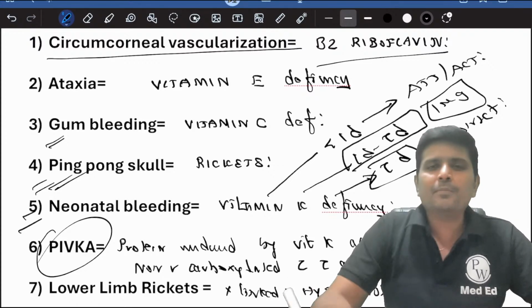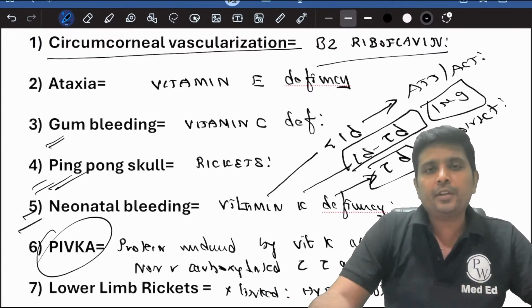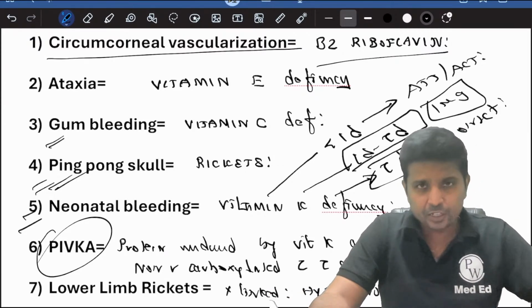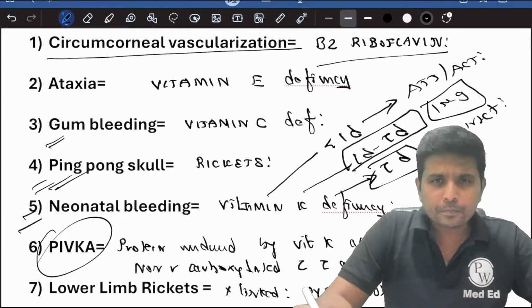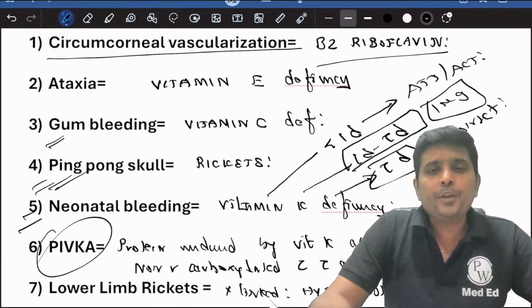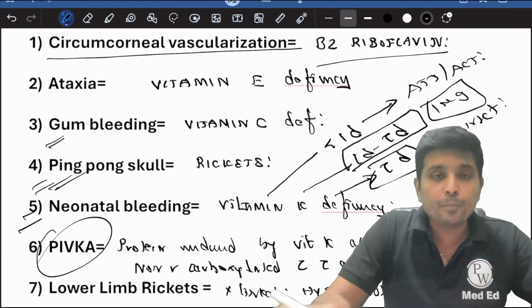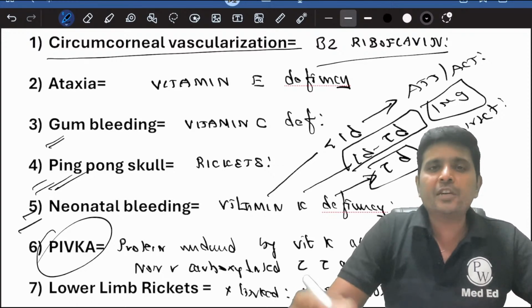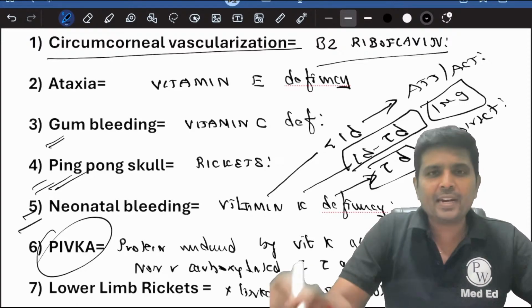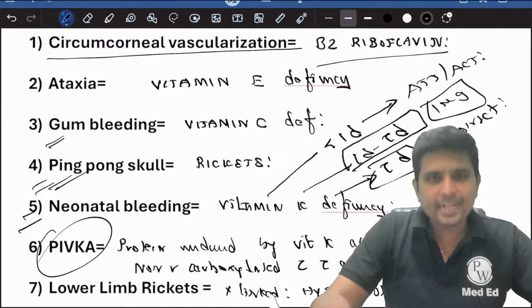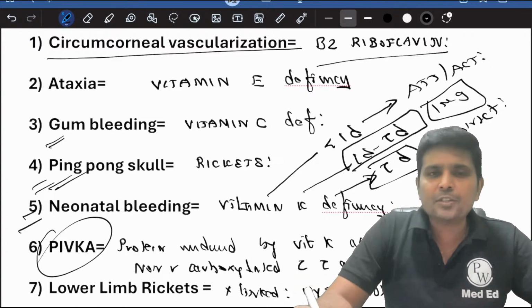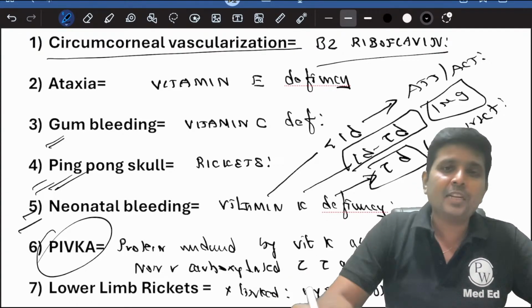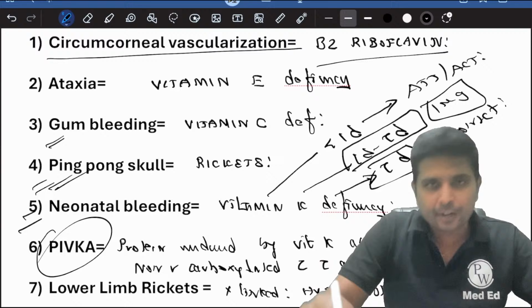But when your chief comes and asks, how do you know that it is due to vitamin K deficiency bleeding? Simple. Because when you give FFP, your prothrombin time and partial thromboplastin time will be normal. So what will you do? You need to do PIVKA. PIVKA is what? Protein induced in vitamin K absence. 2, 7, 9, 10 are dependent on vitamin K. So when vitamin K is not there, the gamma carboxylation of 2, 7, 9, 10 cannot happen.